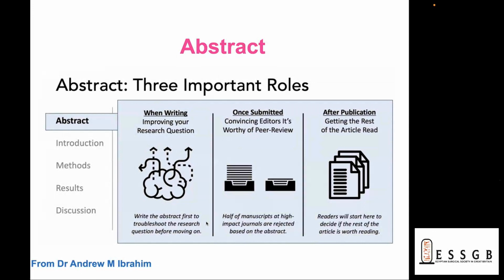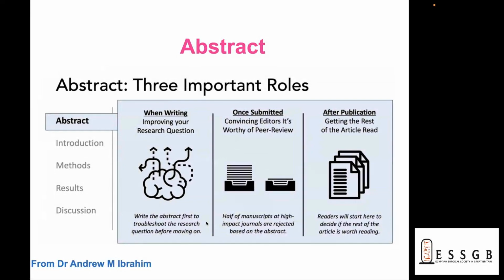And then once you've submitted it, the abstract has another role of convincing the editors that it's worthy of peer review. Because if you have a very clunky abstract and lots of waffly sentences, people might often lose the plot. And what I still try to improve on is to make it sound as punchy as possible.